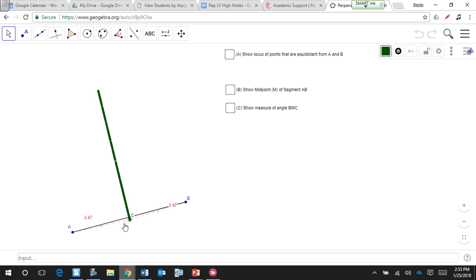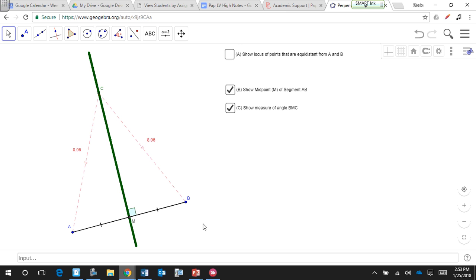Good. This is the perpendicular bisector. What's it doing? It's splitting AB into two separate parts, and it's making a right angle here, isn't it? Okay? So any point that's on the perpendicular bisector is going to be the same distance away from those two endpoints of that segment.